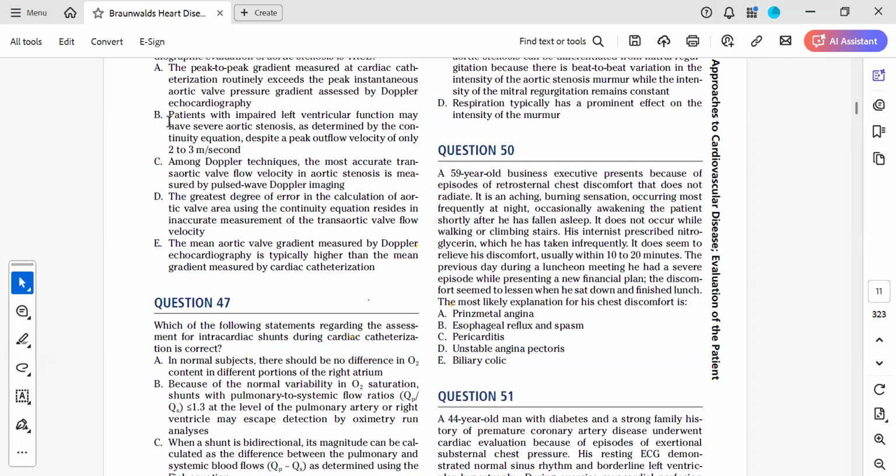Once it's more than 2, you know that clear-cut pulmonary hypertension is setting in, and you must operate or fix whatever such defects whenever it is possible. But once it's more than 1.5, it's significant, then you should actually work up the patient for surgical intervention.